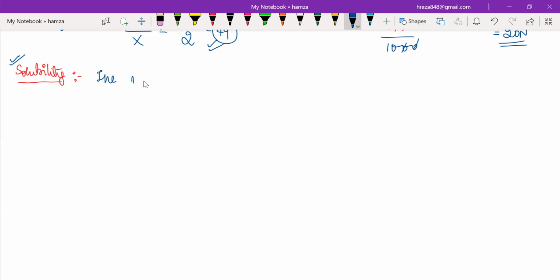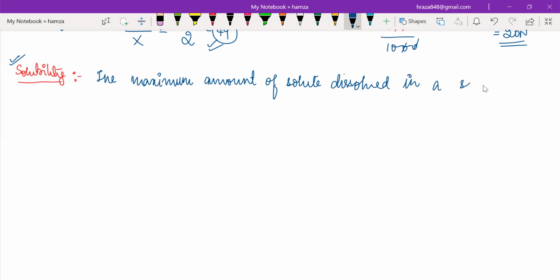The maximum amount of solute dissolved in a specified amount of solvent, a specific solvent, at constant temperature.